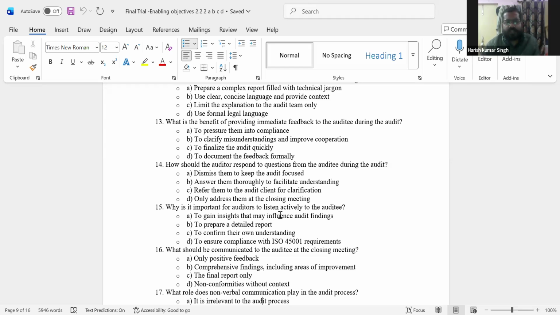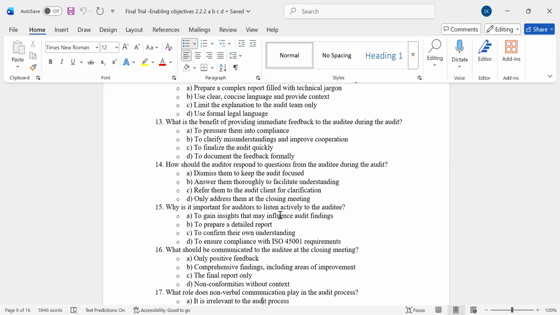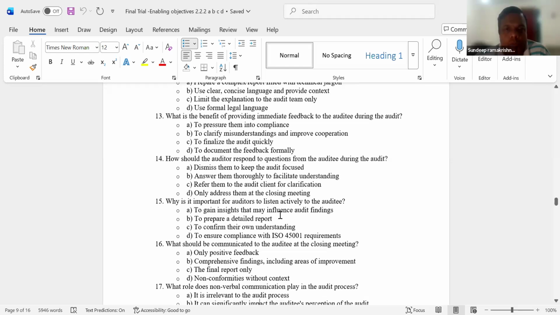Yes, A, sir, to gain insight that may influence audit findings. Right. Anybody, any other answer? Yes, sir, it should be A. Right. Okay, Anil, good.